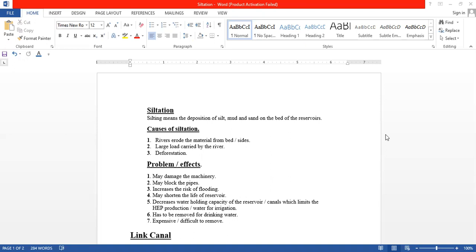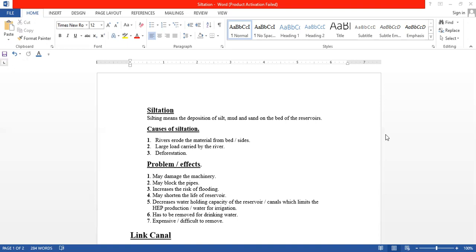When heavy rain occurs on the foothills, and the snow starts melting during the summer season, especially when the temperature rises, then water comes with a fast speed without resistance. So due to speed, the river erodes a lot of material.